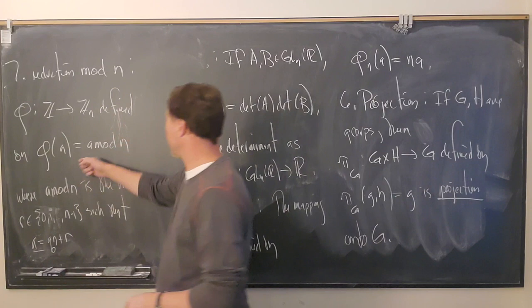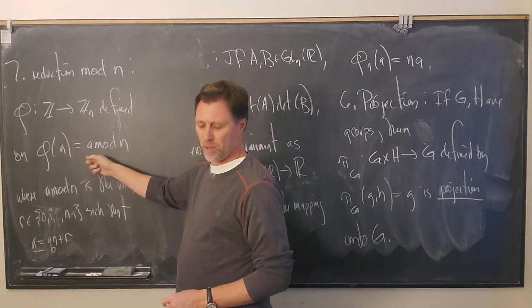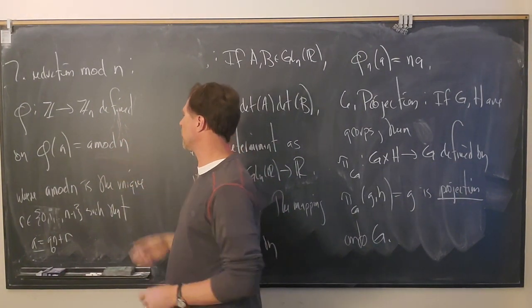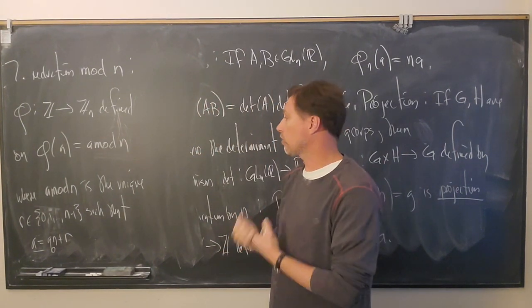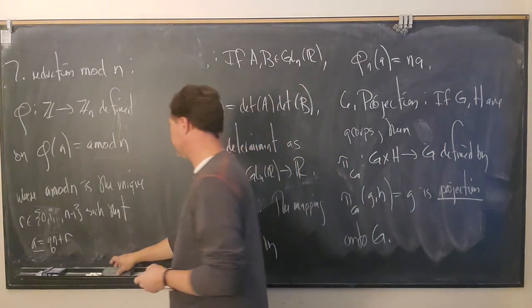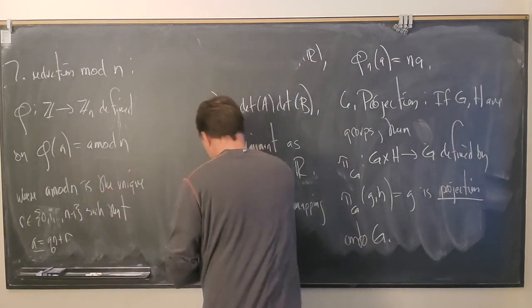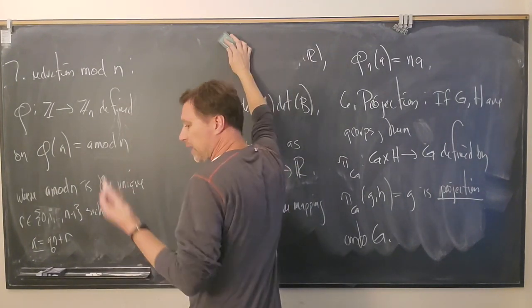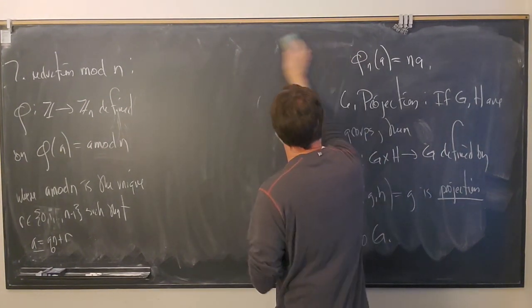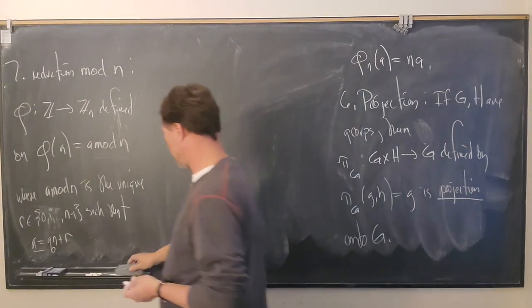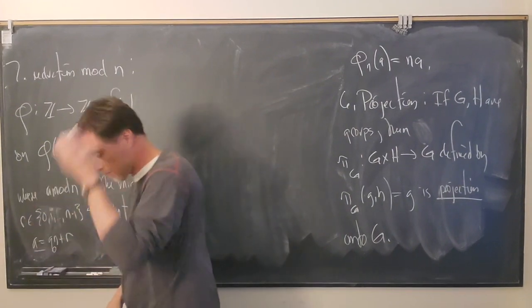So this right here is the sort of computer scientist notion of mod, right? It's the remainder that you get when you run the division algorithm on a. Okay, so there's some examples of sort of famous or important homomorphisms. We'll come back and we'll see every single one of these at one point or another in this class.